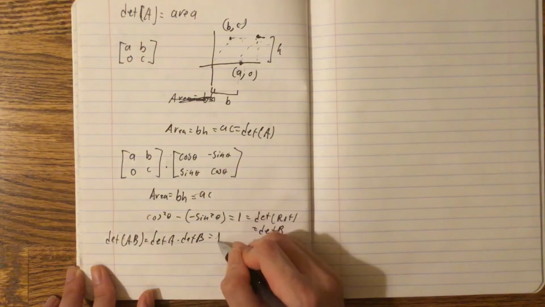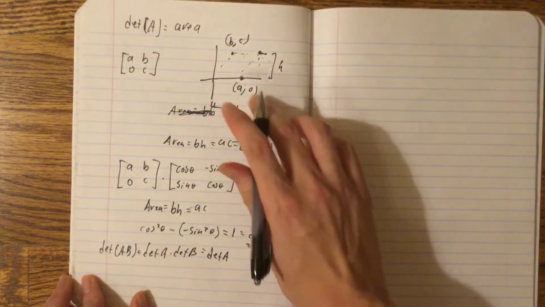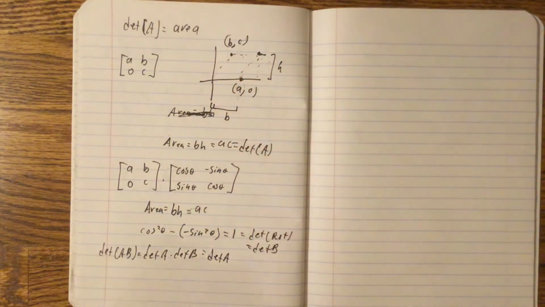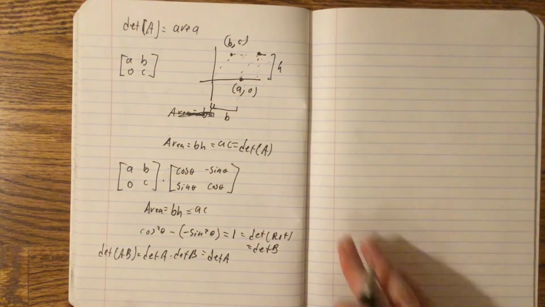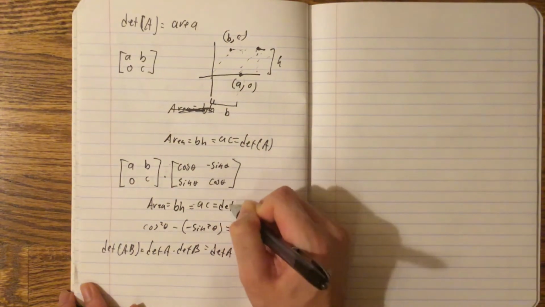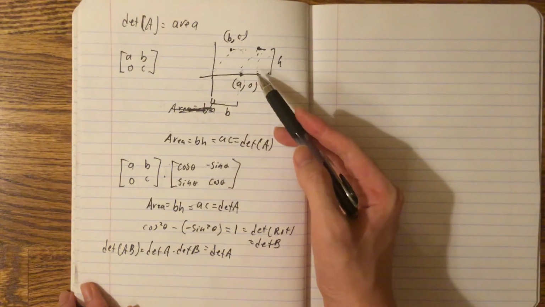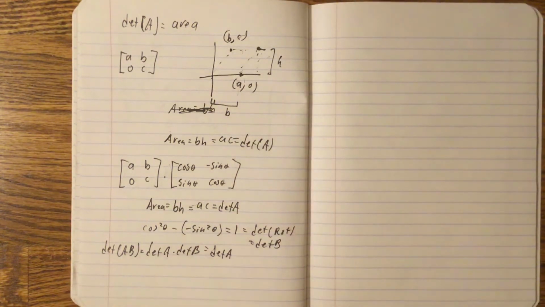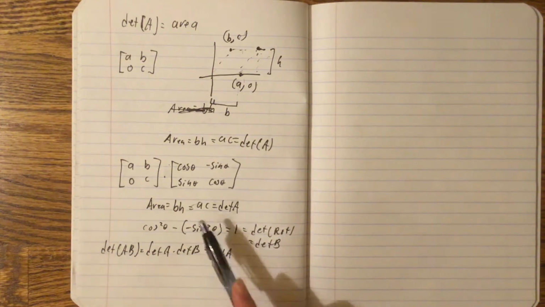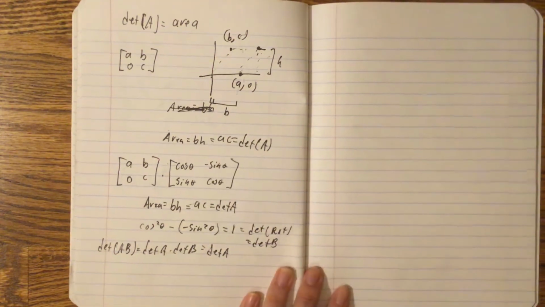So it'll just end up being det A again. So look, if we rotate this parallelogram, the determinant stays the same as well. So if we rotate this parallelogram, the area stays the same, the determinant stays the same, hence the determinant will still equal the area.